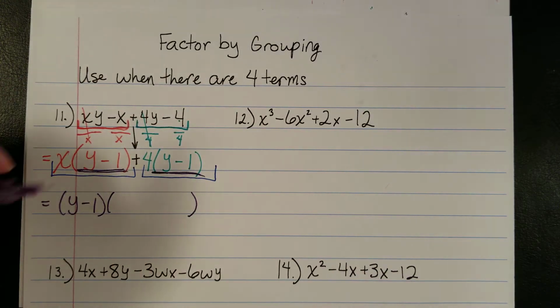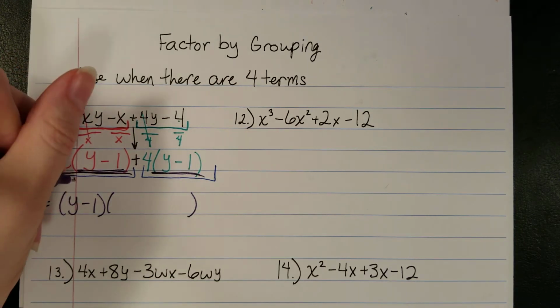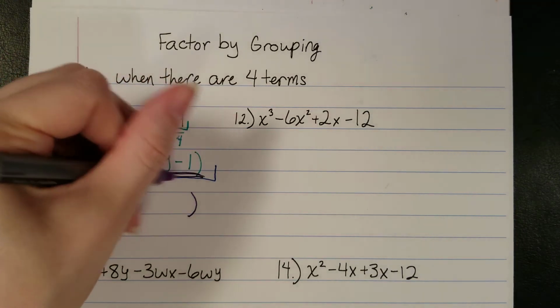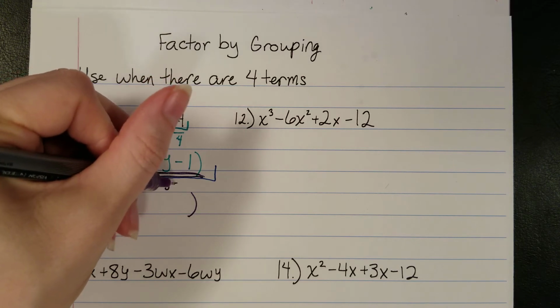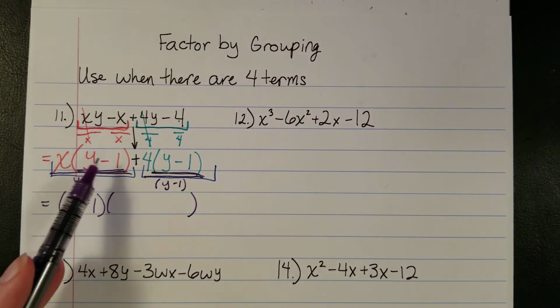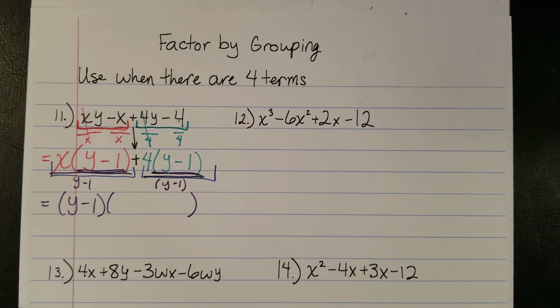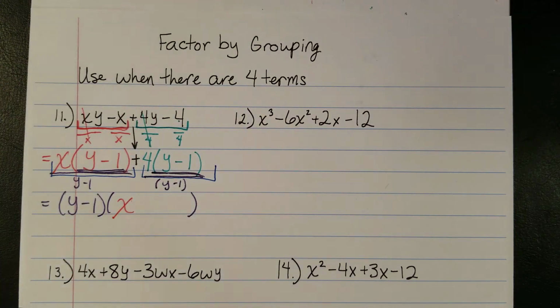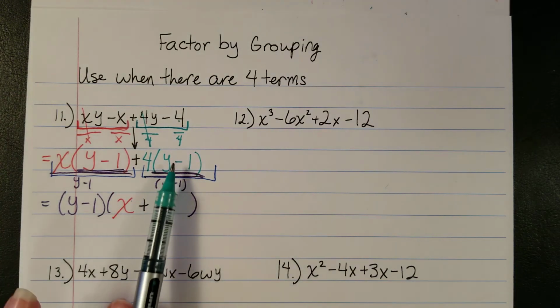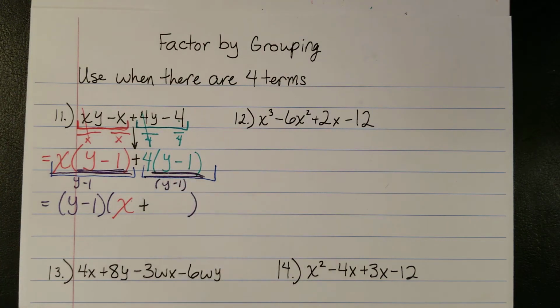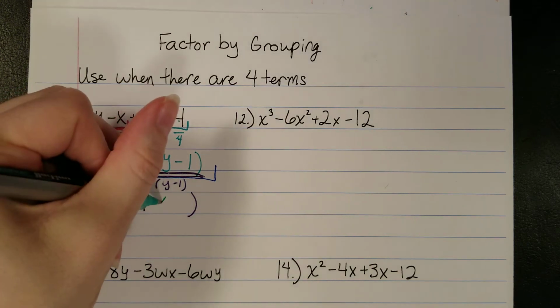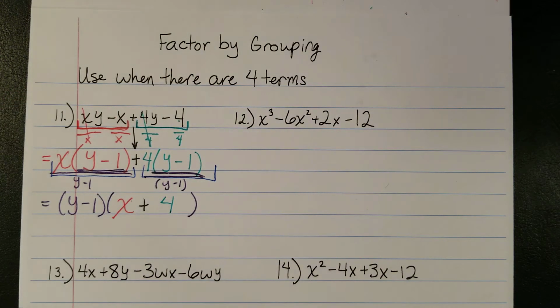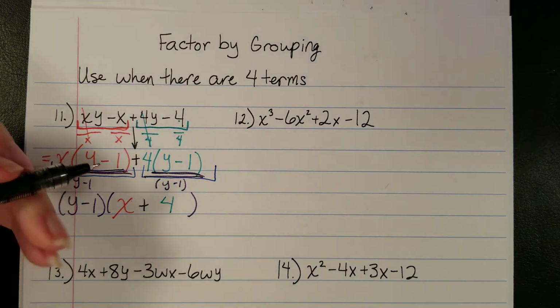Okay, now what if you divide this term by y minus 1 and you divide that term by y minus 1? Well, y minus 1 cancels out and you just have an x there plus, on the next one, y minus 1 cancels out there also, and you bring down the 4. And that's your answer.